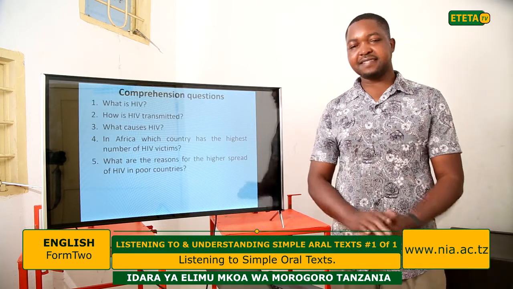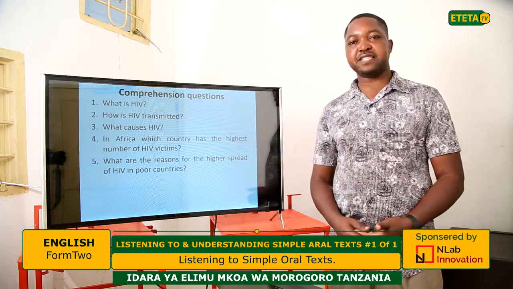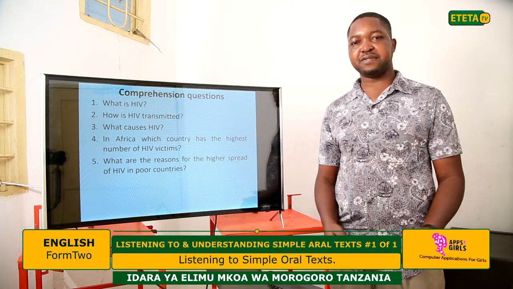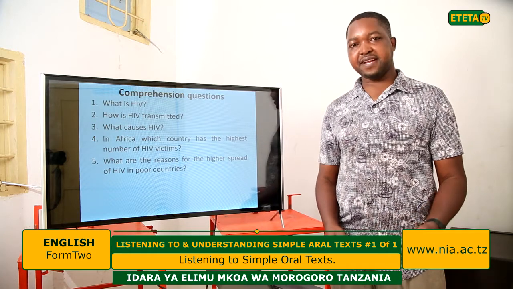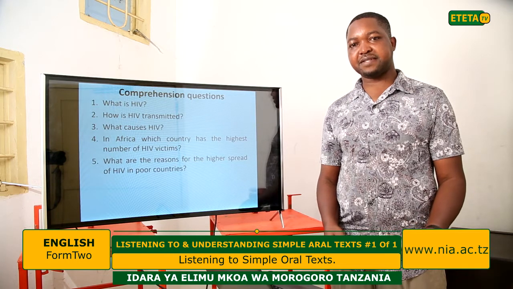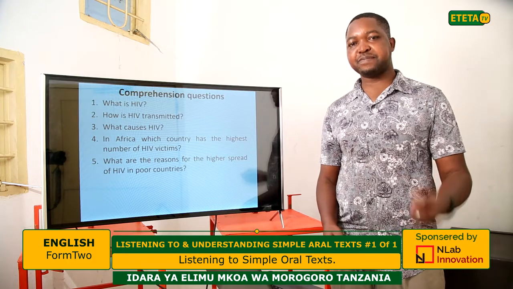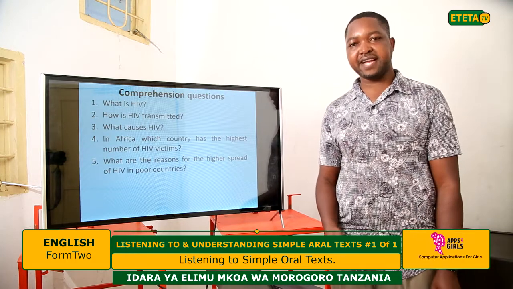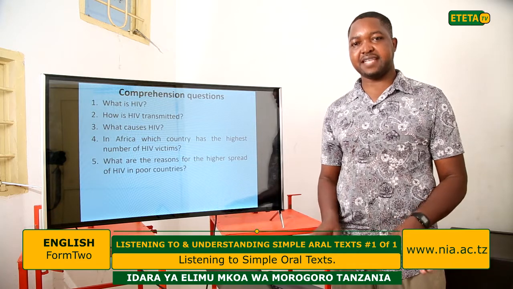So my dear students and other viewers, I'm sure that you can answer these questions because you have read the text, and if you really grasped what I told you before, that you have to look for specific information from the text being read, these questions will be very simple for you to answer.